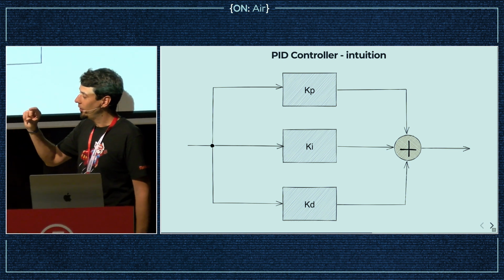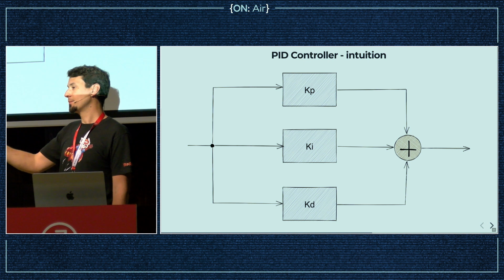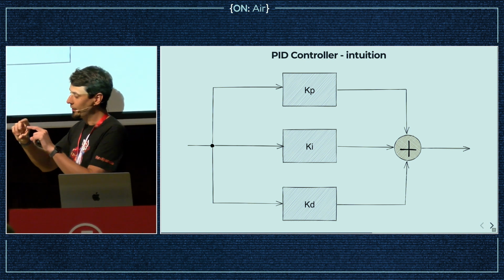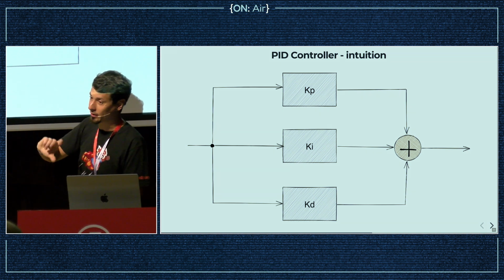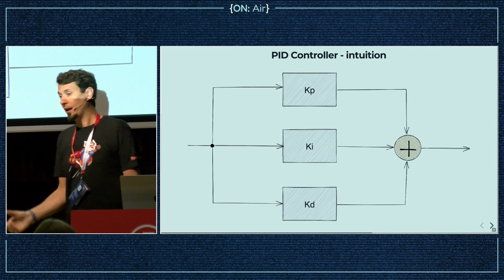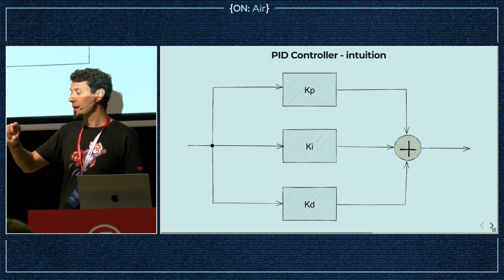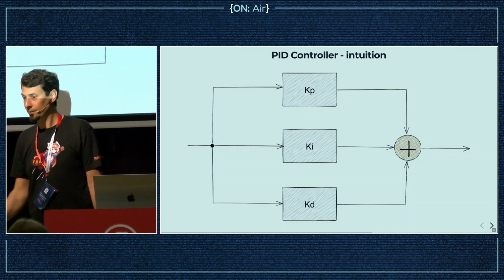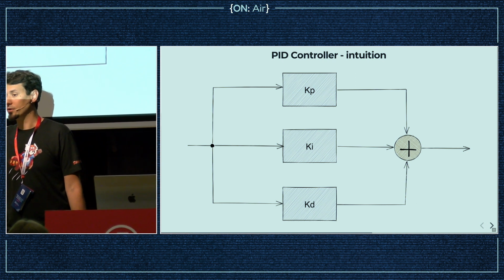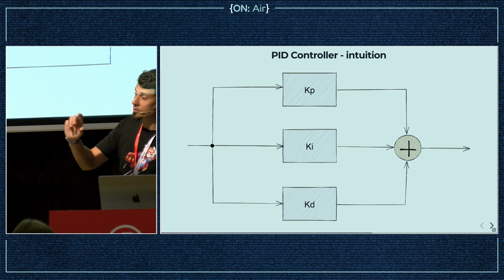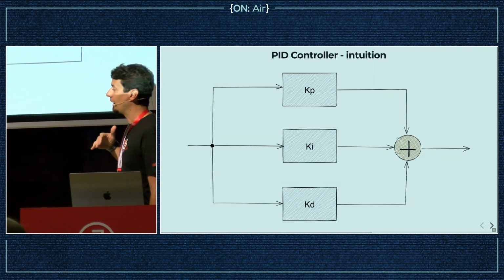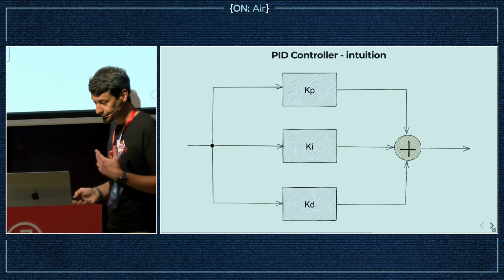And then there will always be some difference between the set point and the output value that would generate enough power that this proportional part would, in this steady state, make it all constant. And this integral part just sums up these error values over time, and it will make this control signal larger and larger. And it will become large enough to minimize that error and actually move our output value to the set point.